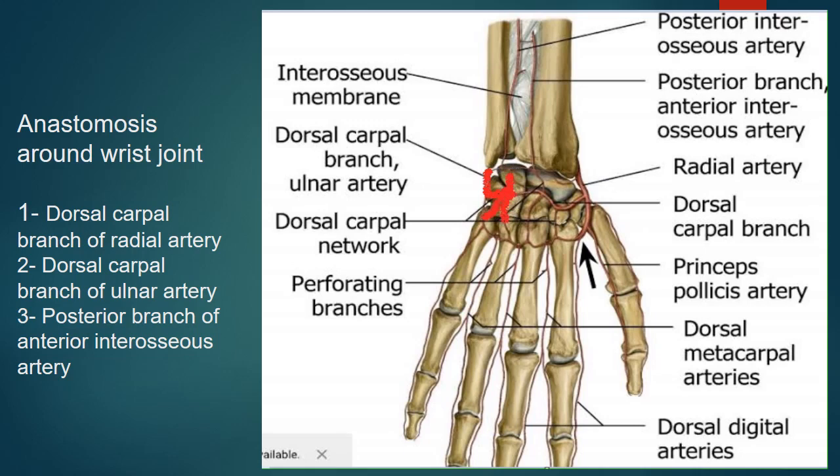The second branch contributing to this anastomosis is the dorsal carpal branch of the radial artery, this one. Then we have the posterior branch of the anterior interosseous artery, this one, which completes the anastomosis around the wrist joint posteriorly.